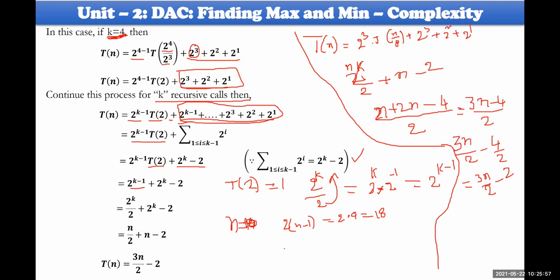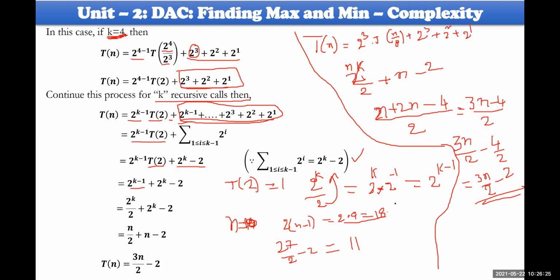Whereas by using this particular equation, 3 into 9, 27 divided by 2, so minus 2. 27 divided by 2 is 13.5, okay, 0.5 will be eliminated, 13 minus 2, that is 11 comparisons will be required to find the minimum and maximum when compared to the naive approach.